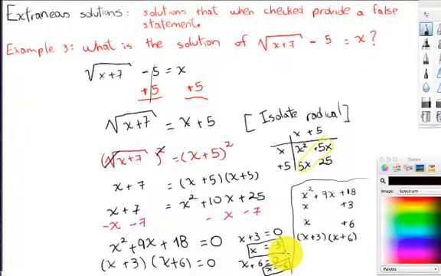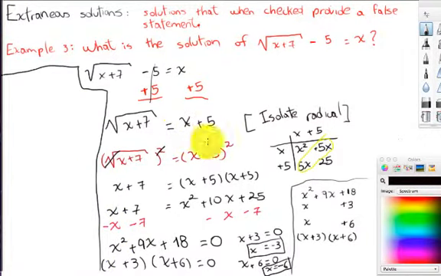Okay, so far we've only solved for this. I'm going to go ahead and check for these. And if you want to challenge yourselves, pause it now and try it yourself. I'm going to take each one of these x's and plug it into the original equation. So I'm going to take the square root of negative 3 plus 7, minus 5, equals x, which is negative 3.